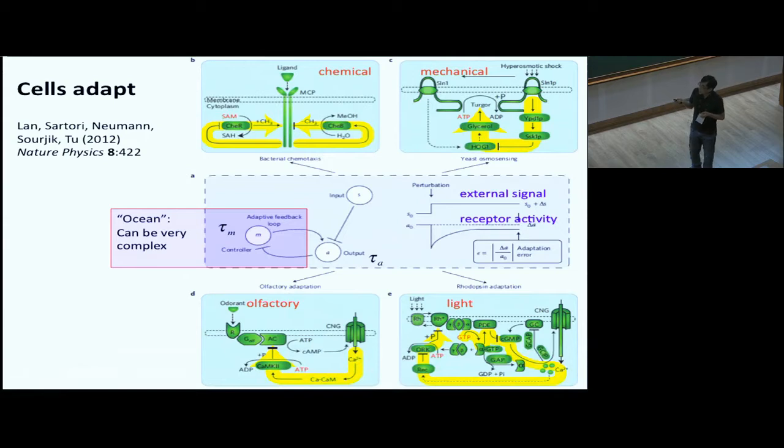So basically you have a signal, and then you have this observable that belongs to the cell that can be observed and responds to this signal. But this observable is under the influence of a potentially very complex molecular network inside the cell.